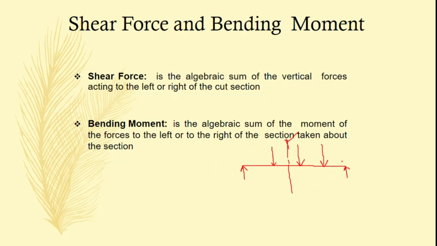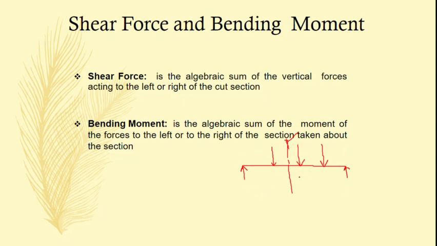If we consider the right hand side, the shear force of this section is the sum of these vertical forces; we are not considering the other forces. If we consider the left hand side, then we consider only these two forces, not those forces.